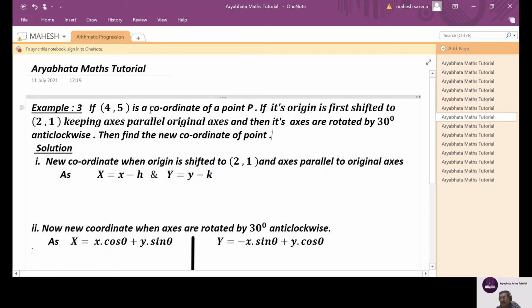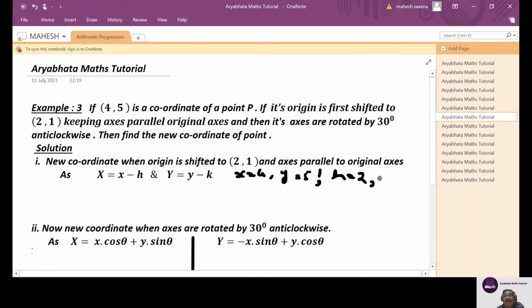In this case, as the point is (4, 5), small x is equal to 4, small y is equal to 5, and the origin is shifted to (2, 1), therefore h is equal to 2 and k is equal to 1.